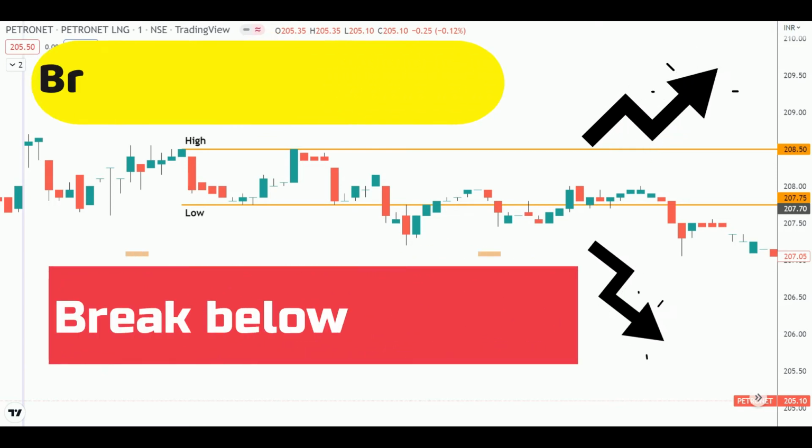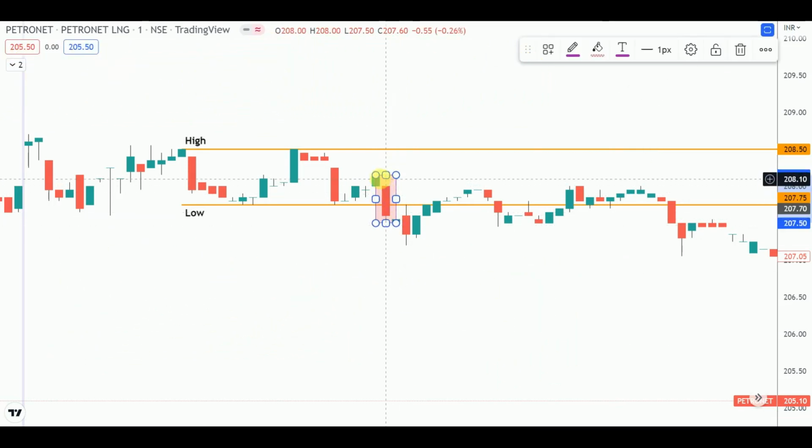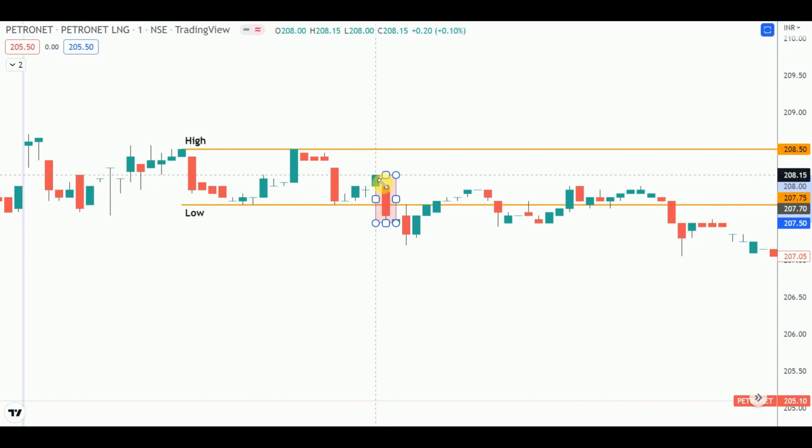In this case, the signal candle is this one, which is not only breaking the high or low of this inside bar range, but is also closing outside of this range. So this is the signal bar.